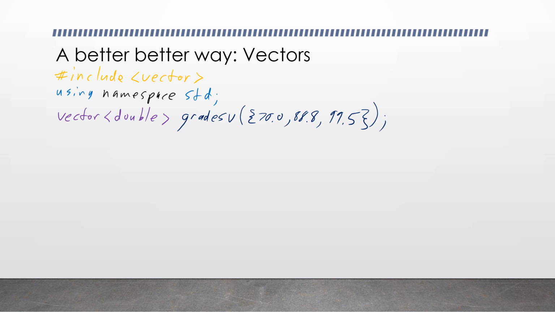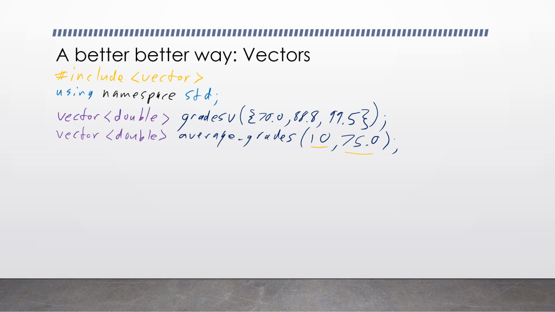I can also initialize it to have all the same value. So if I wanted 10 average grades, and I define an average grade as a 75, then I tell it to put 10 grades in and to make them all 75.